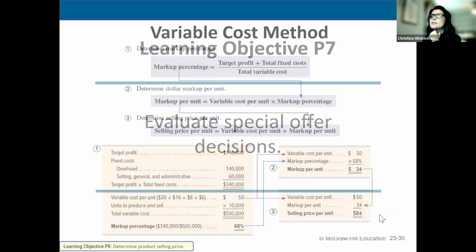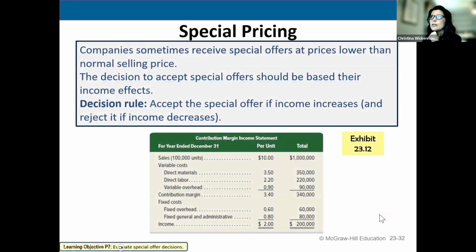All right, special pricing. Sometimes you can receive a special offer at prices lower than normal selling prices. And so those special offers should be based on the effects on income. So you want to accept the special offer if your overall income increases, and reject it if it decreases.